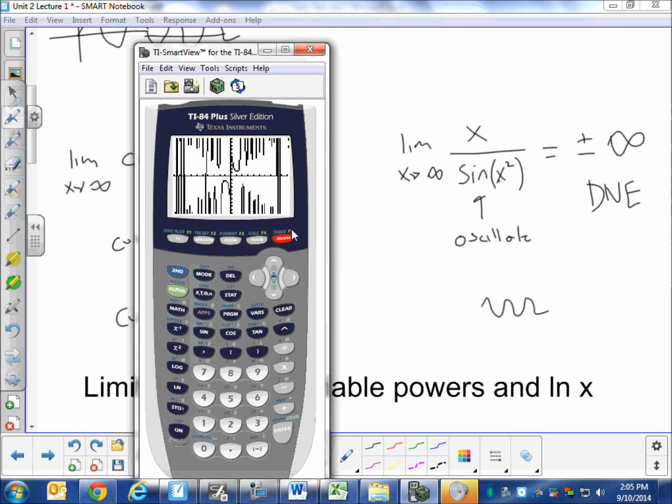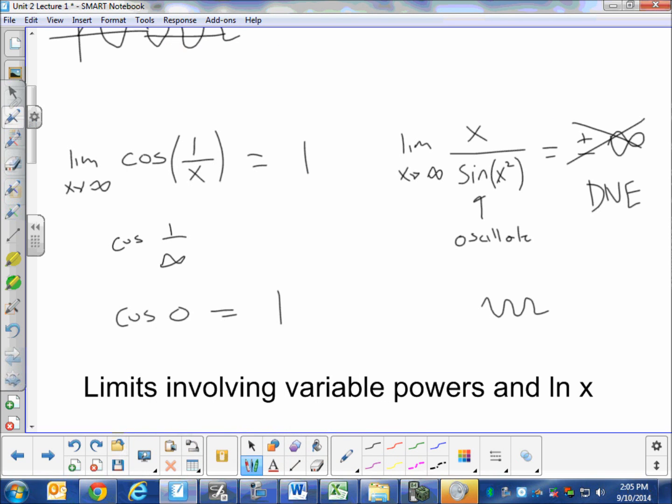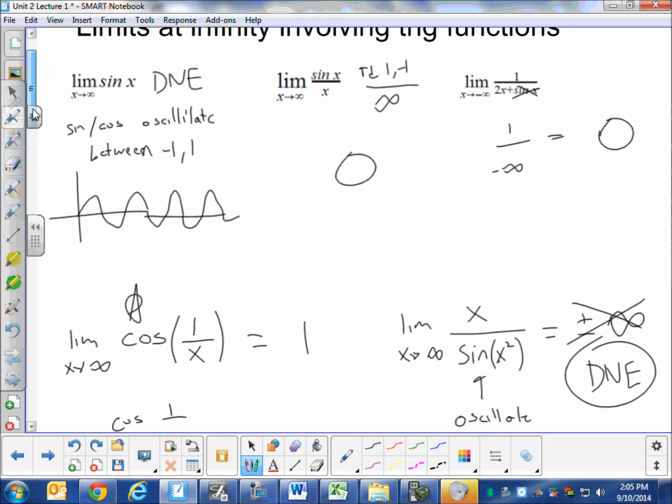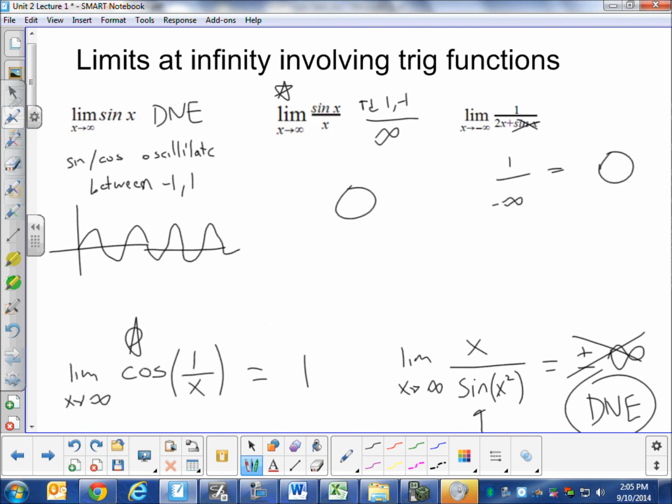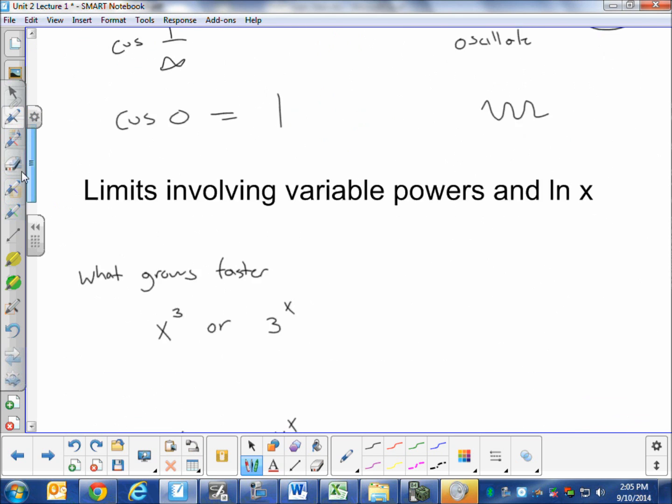You can't even see it here, but it's growing so fast as we get further and further away that you can't even say that it's positive or negative infinity. It's just crazy oscillations and crazy growth from a huge positive value to a huge negative value. That's a crazy graph. So definitely does not exist. You'll typically deal with more of things like this or like this, where sine is oscillating, denominators growing, get 0.